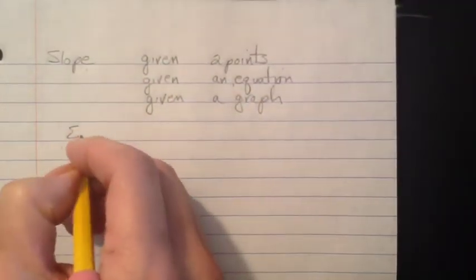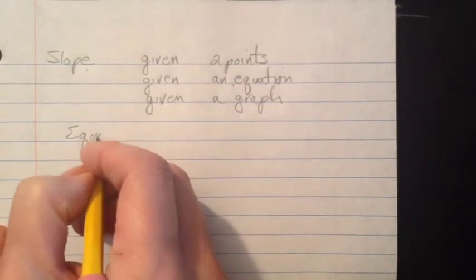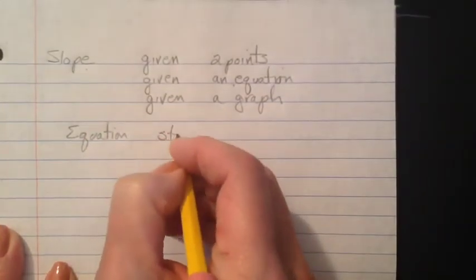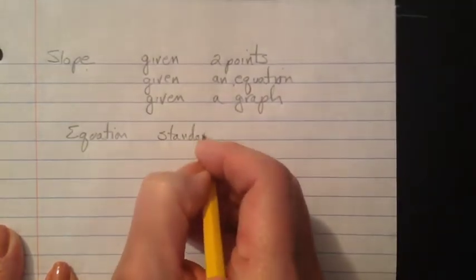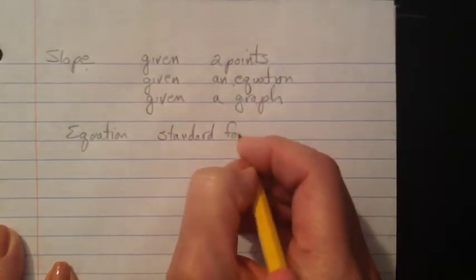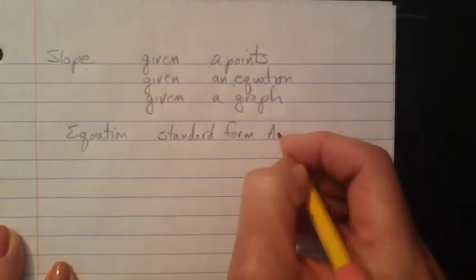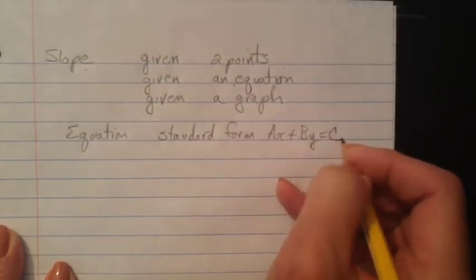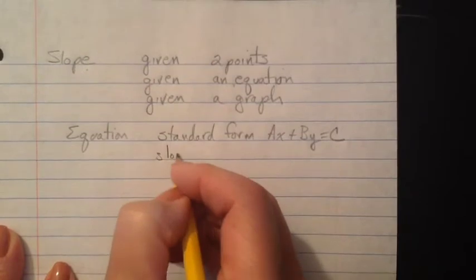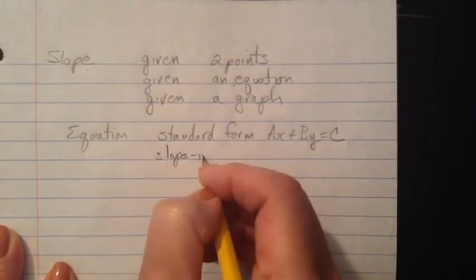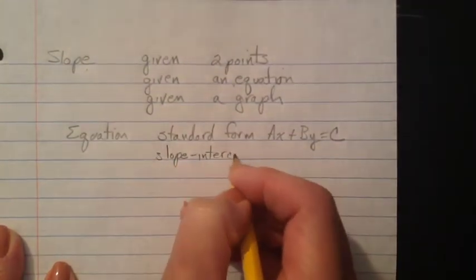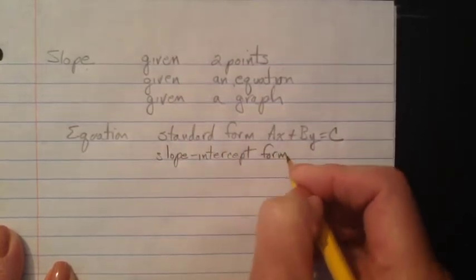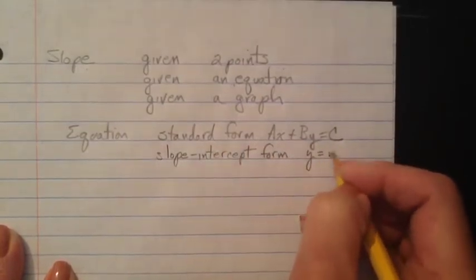All right, so there are equations. The equation of a line can be in standard form, ax plus by equals c. It could be in slope-intercept form, y equals mx plus b.